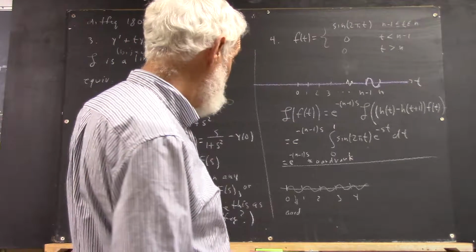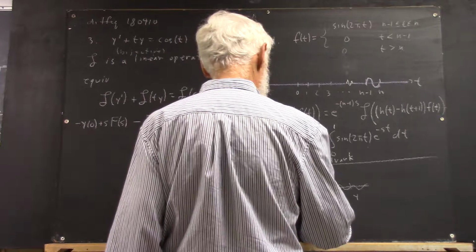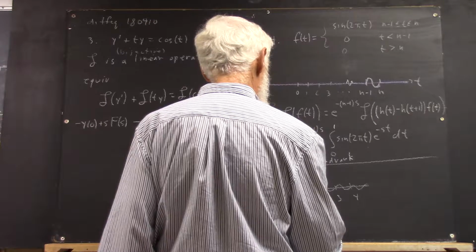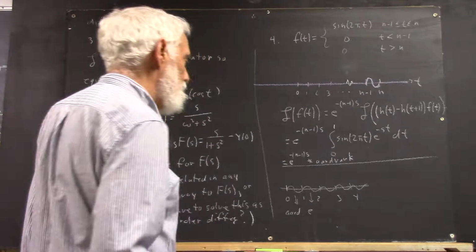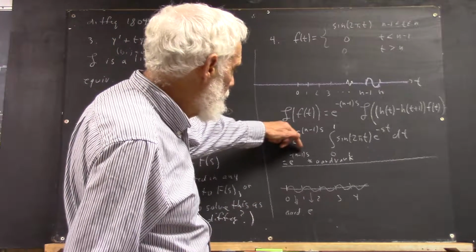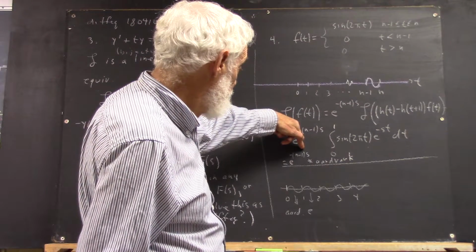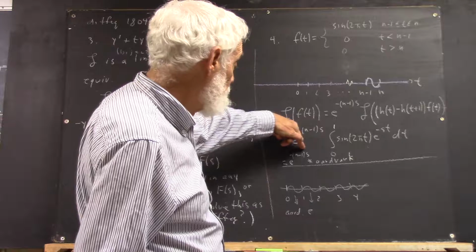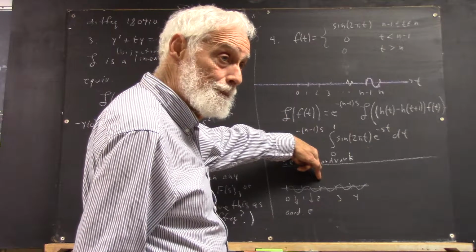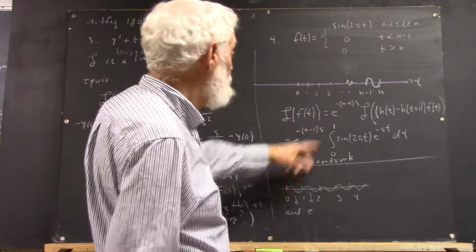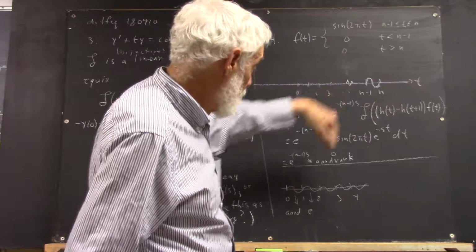Okay? On this interval, what do you get? Now n equals 1, right? I'm sorry, n equals 2 on this interval, because the interval goes from n minus 1 to n, right?